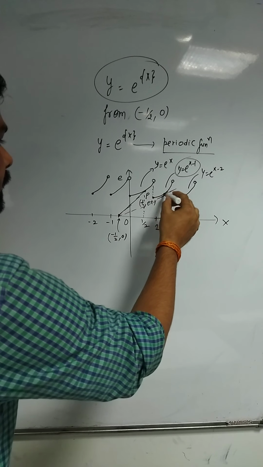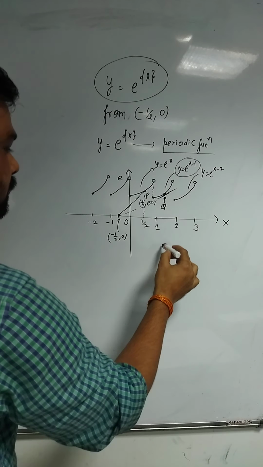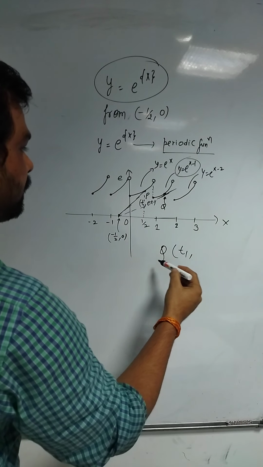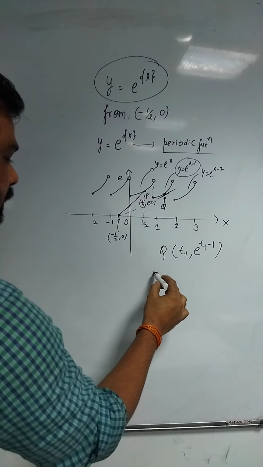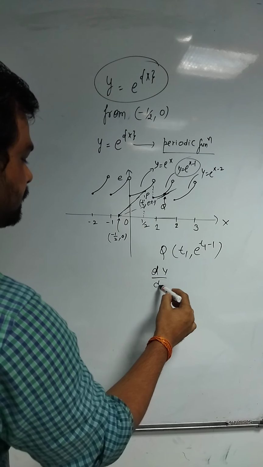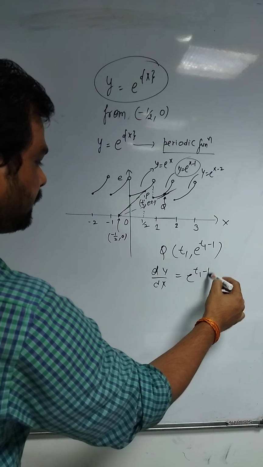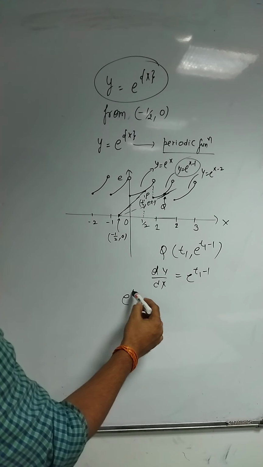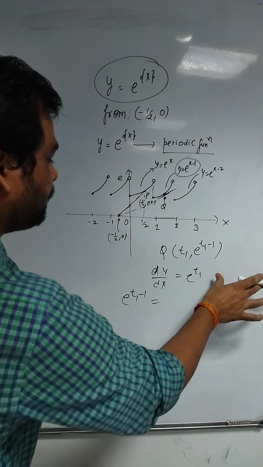So let's suppose this point is Q, and let Q be t1 comma e to the power t1 minus 1. So the derivative dy by dx is e to the power t minus 1, so e to the power t1 minus 1.